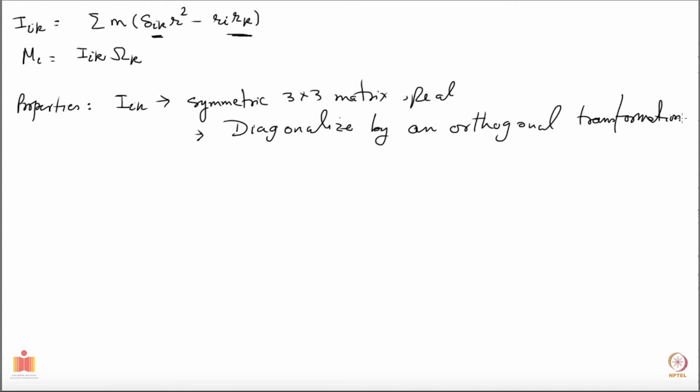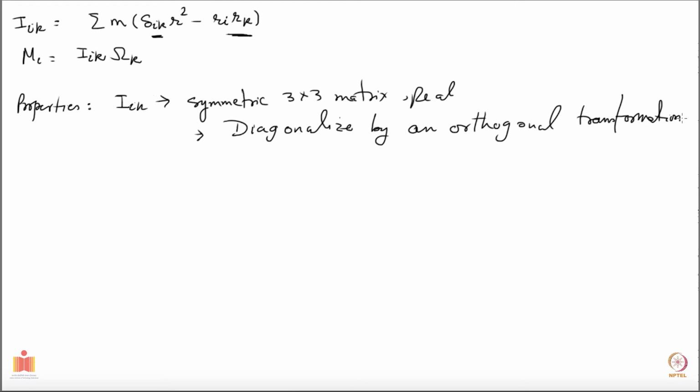Let's for the moment see a little more about the inertia tensor. So clearly it is not true that the intrinsic angular momentum of the body would be along omega, the direction of omega. Remember, what is omega? The direction of omega is the direction of your instantaneous axis.